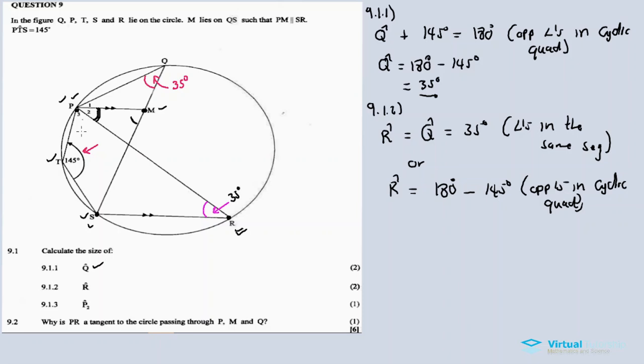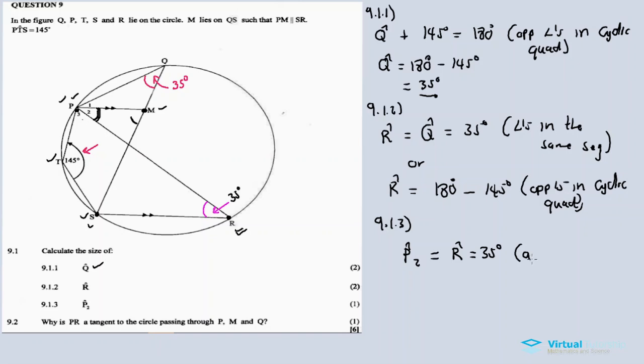Why are they equal? Alternating angles because of these parallel lines PM and SR. 9.1.3. We see that okay, we have parallel lines, the bow tie did not work, so P2 is equal to angle R, and they are both equal to 35 degrees.